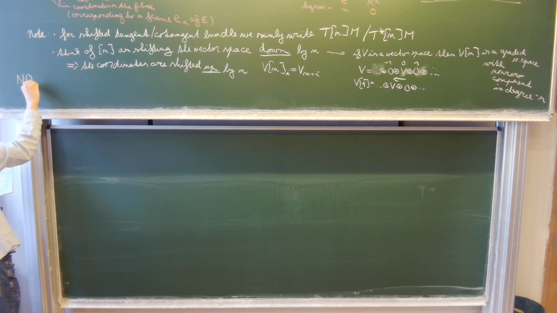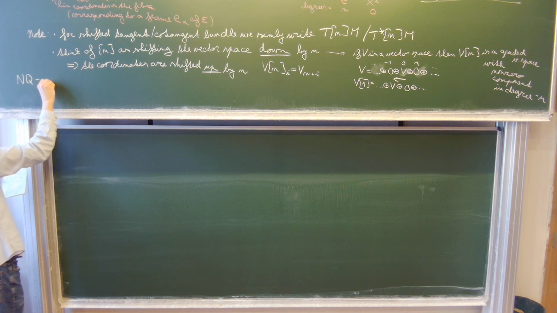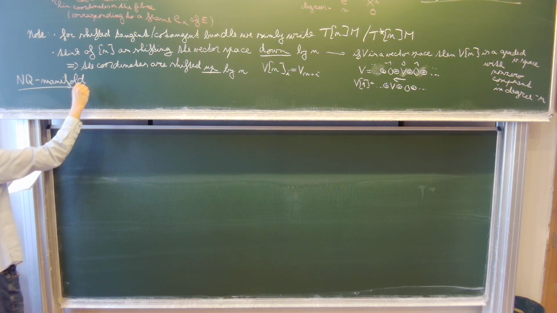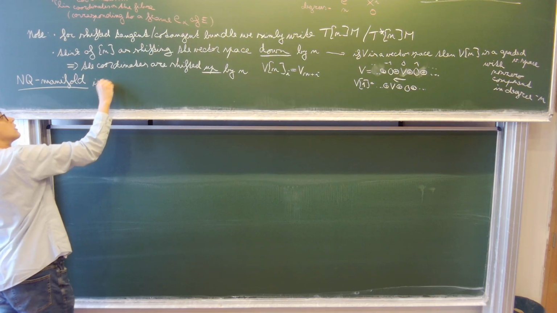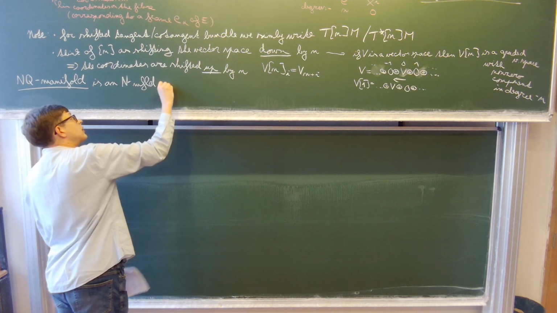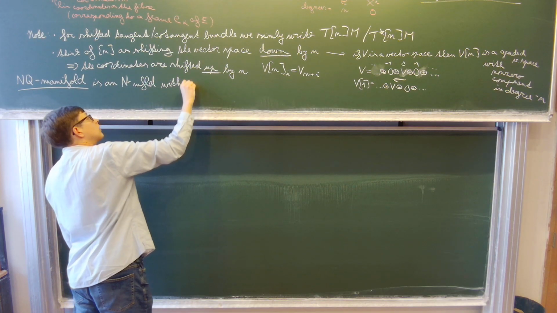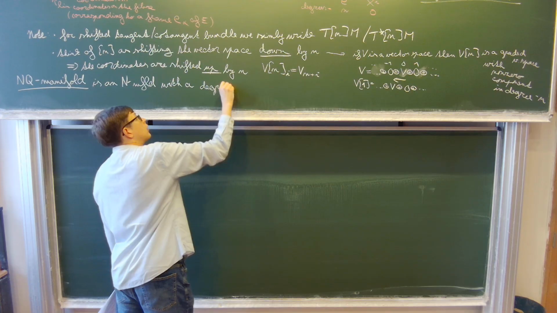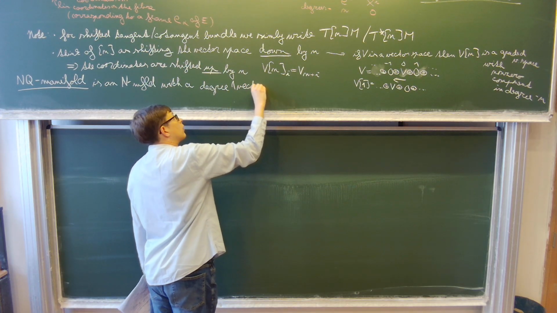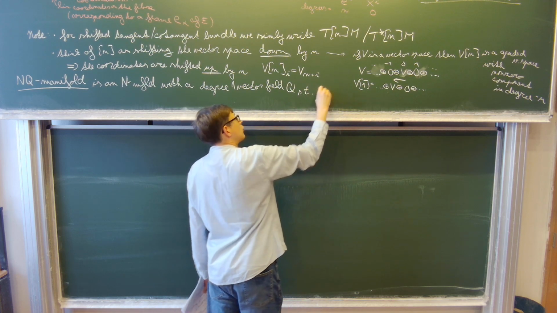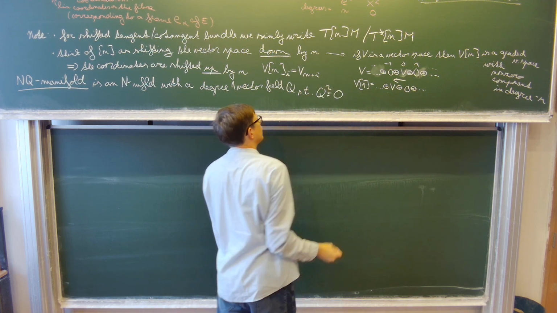Okay, so we defined an N-manifold, so let's define something else. Let's define an NQ manifold. This is an N-manifold with a degree 1 vector field Q, such that Q squares to 0.